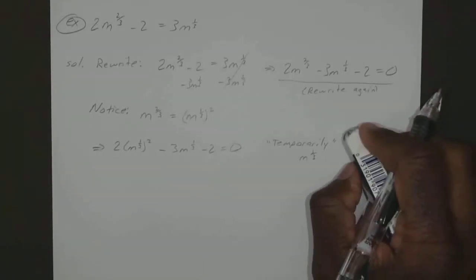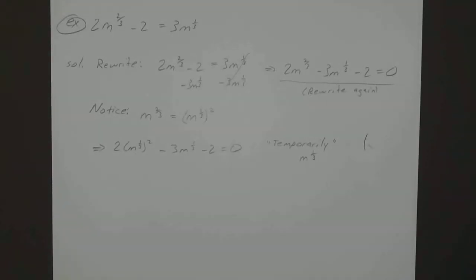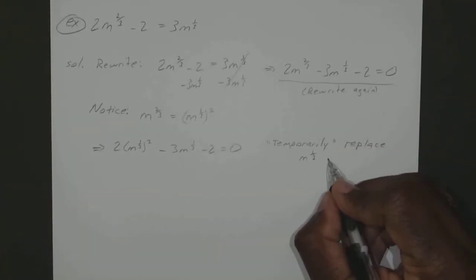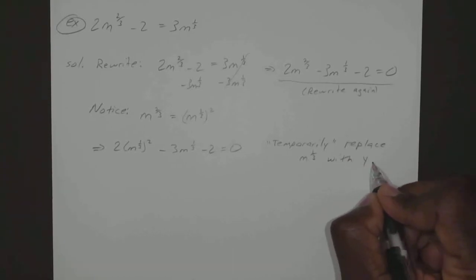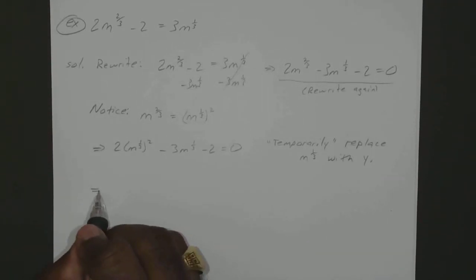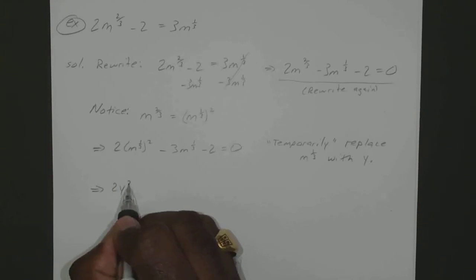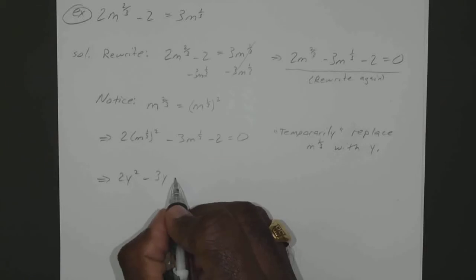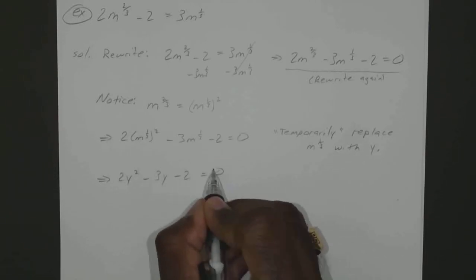Replace m to the 1/3 with y. Okay, so now that 2 times m to the 1/3 squared becomes 2y squared minus 3y minus 2 equals 0.